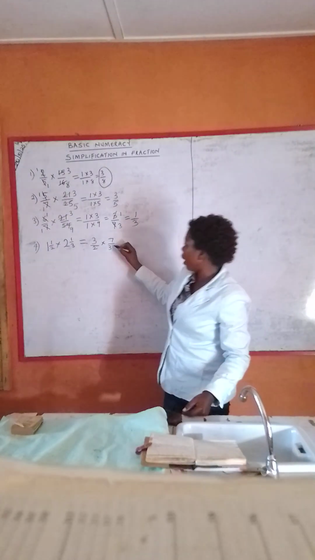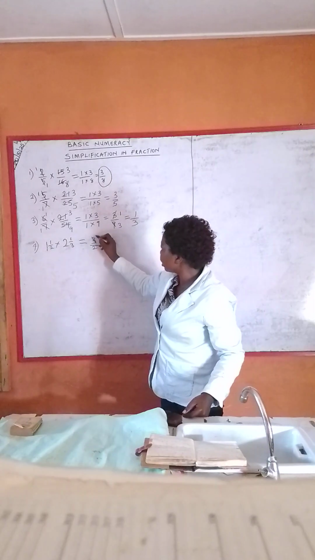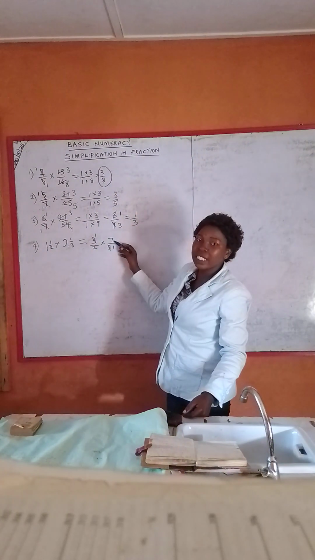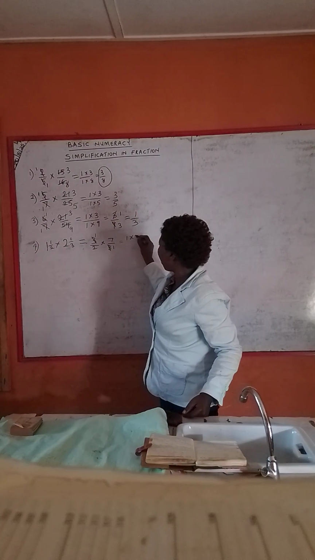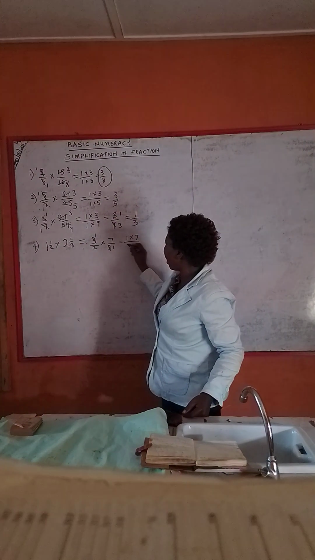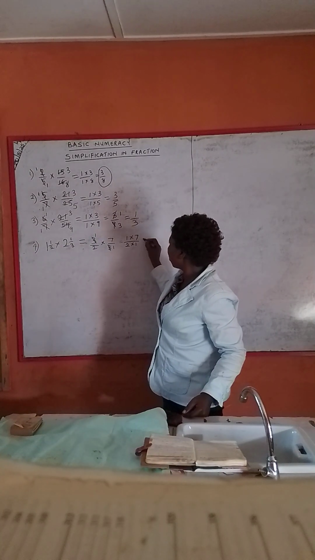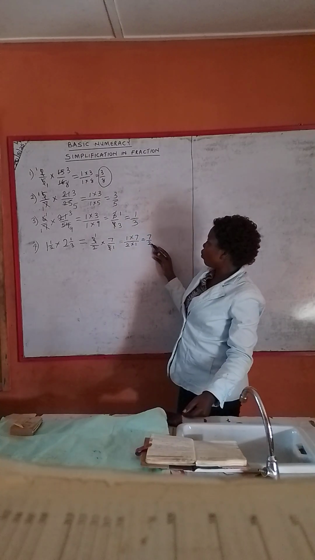Okay, so now we can simplify this fraction. You can see 3 can cut this away and cut this one into 1, times 2. 2 cannot completely divide 7, so you just bring it back. 1 multiplied by 7 over 2 multiplied by 1. So your answer will be 7 over 2.